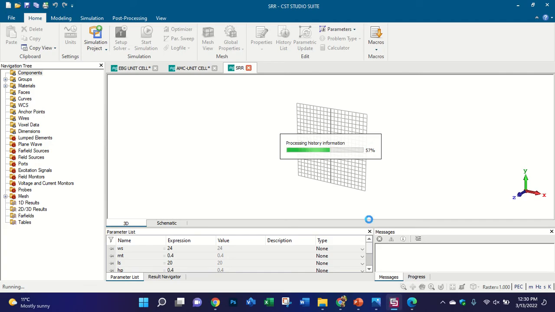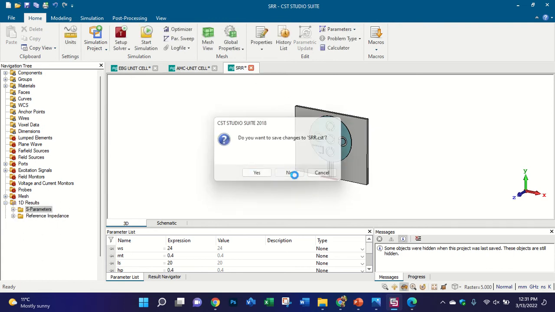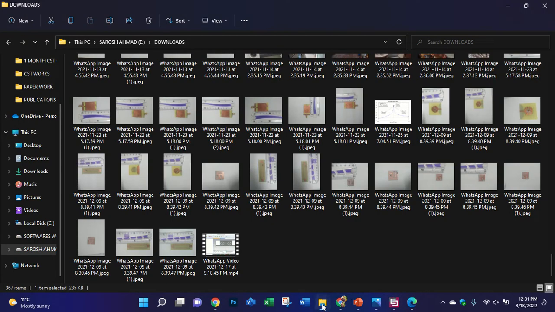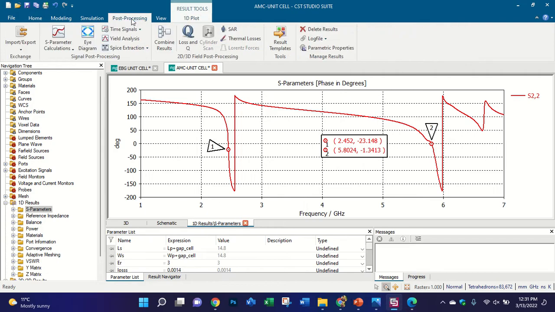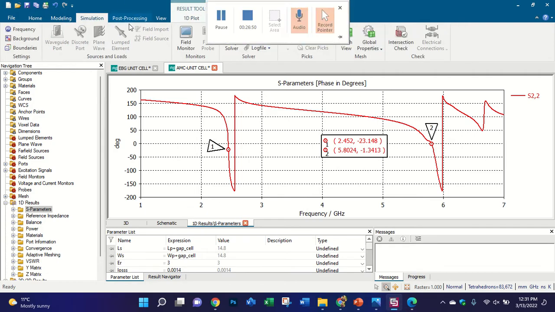But only if you are designing the unit cell, because I always use time domain solver when I make unit cells. Okay, but to design only the unit cell you need to use the frequency domain solver.